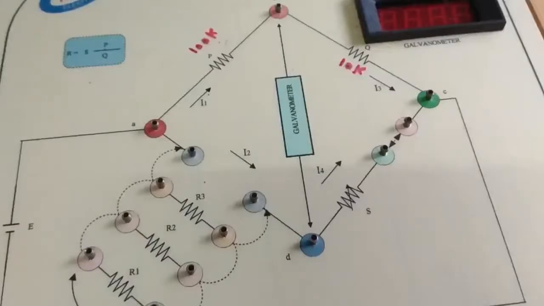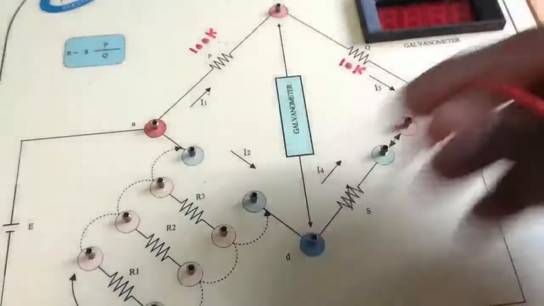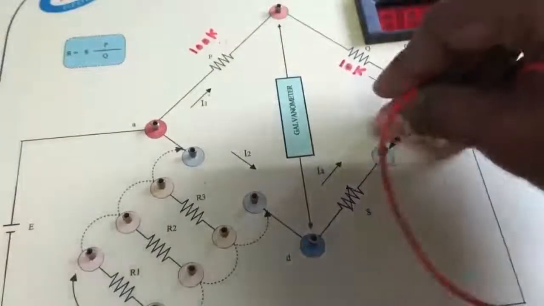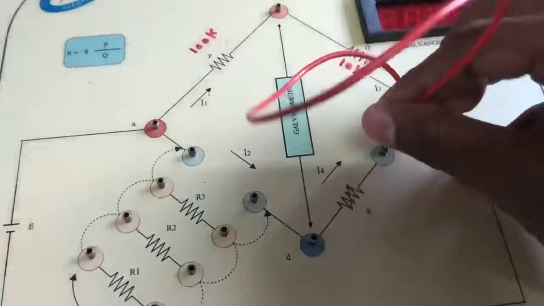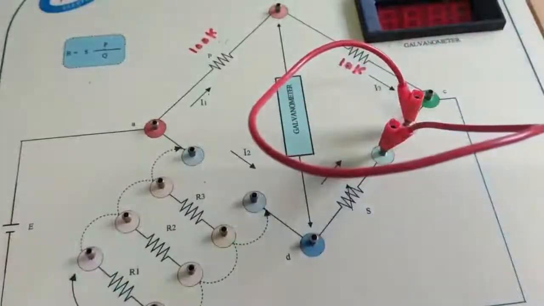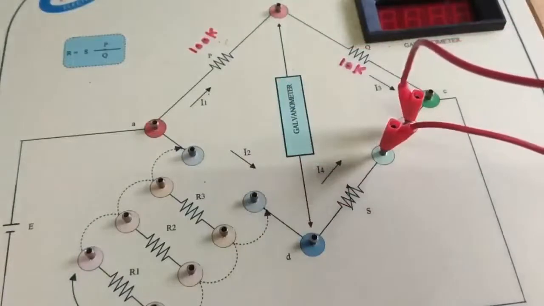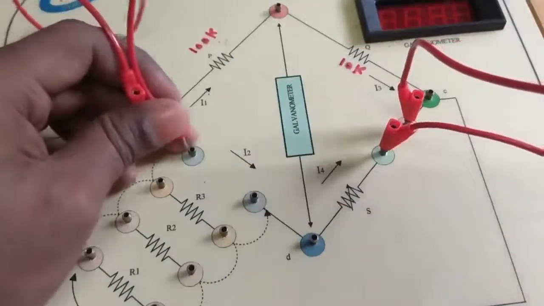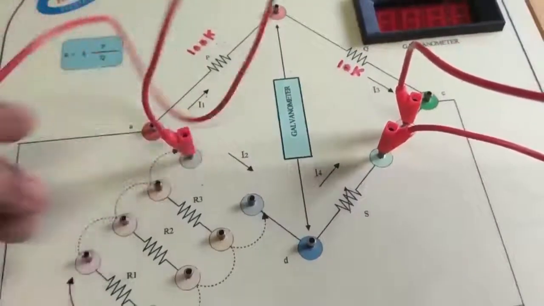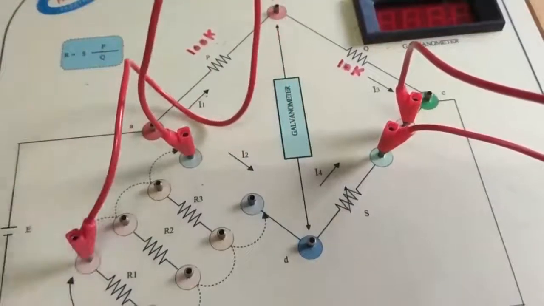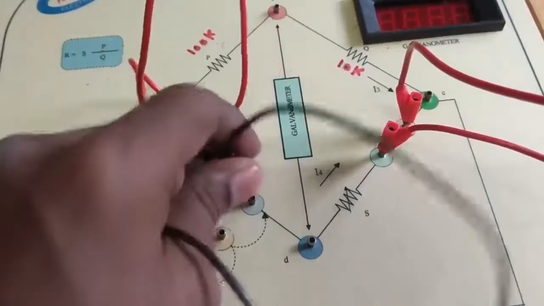First of all, with the help of the patch cord, we will complete the circuit across the S standard resistance, and we will connect resistance R1 in the circuit with the help of the patch cord.